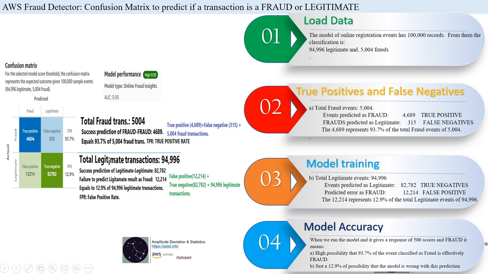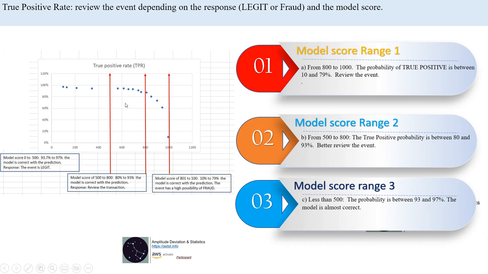So this is the true positive score. The event is a fraud, and the model classifies it effectively as a fraud. When we input a transaction or an event, the model will return a score that goes from 0 to 1000.